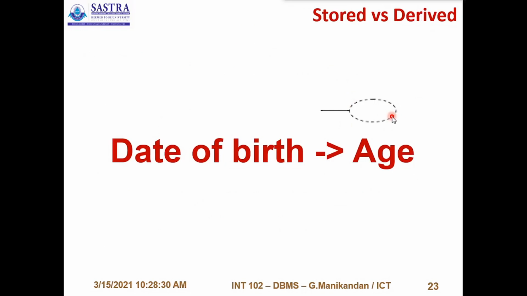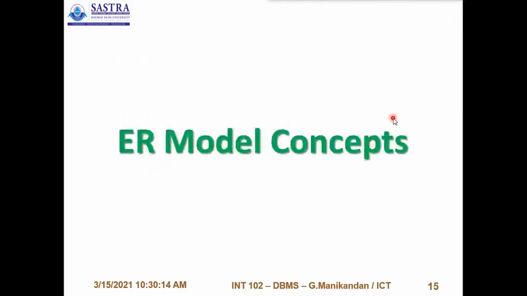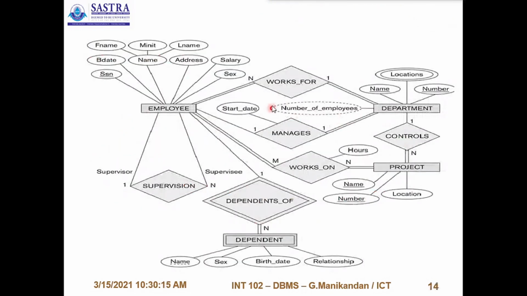Clear? Again, if you come to our ER diagram, see here, number of employees. In SQL you have a built-in function called count. If I use the function count, I can retrieve the total number of employees working in that particular department.